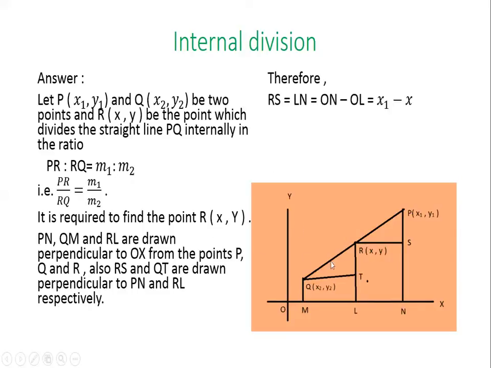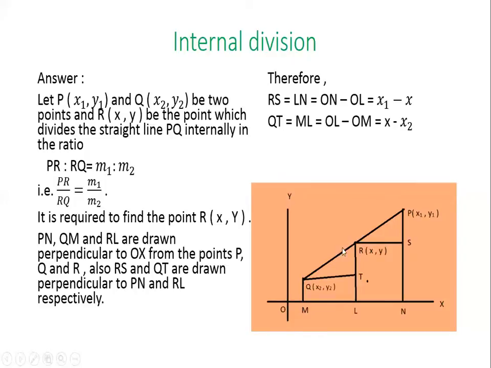Therefore, RS equal to LN. Now, LN equal to ON minus OL. Here, ON means x1, and OL means x.